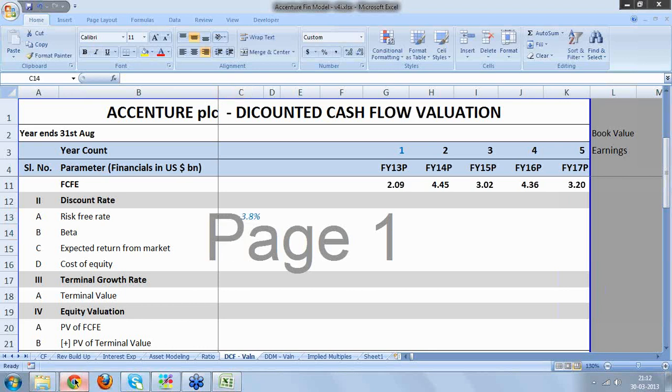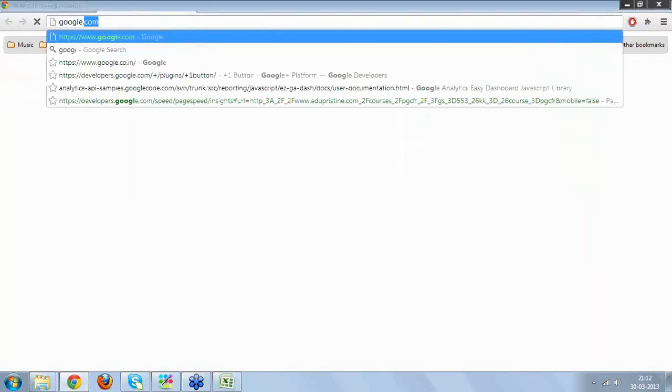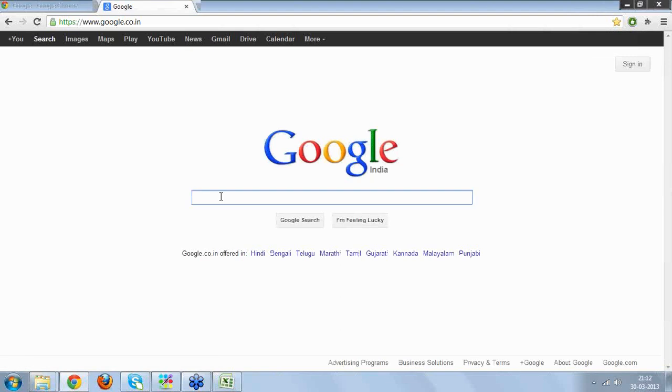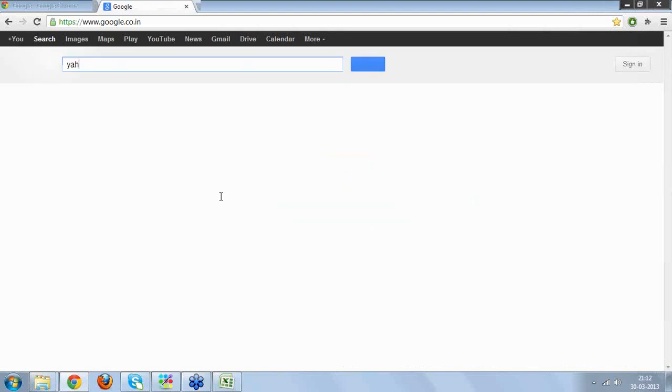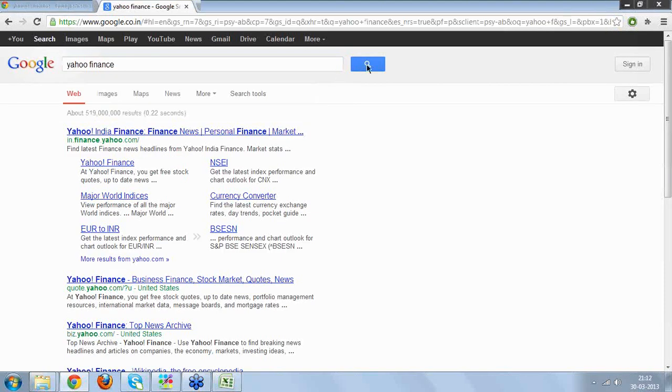Beta: in order to figure out what should be the beta of Accenture, I'll do a quick Google search. I know what beta I should be taking, but just to show you where you should be going, there are multiple places where you can look for these parameters. I go to Yahoo Finance, and similarly Google Finance is there.